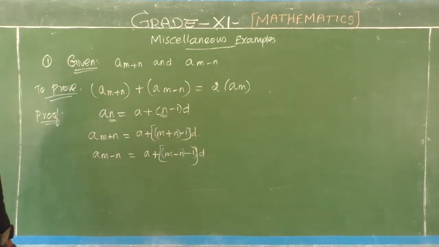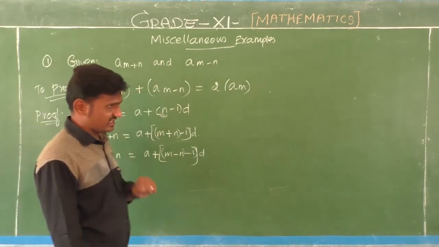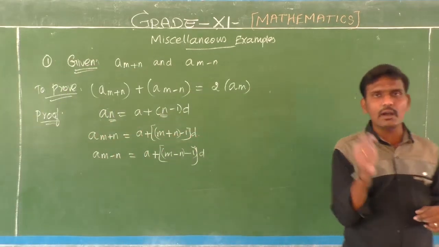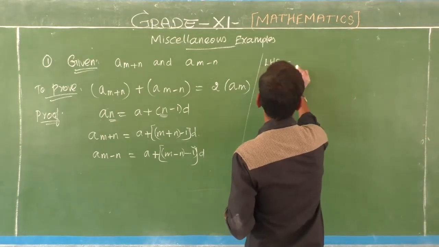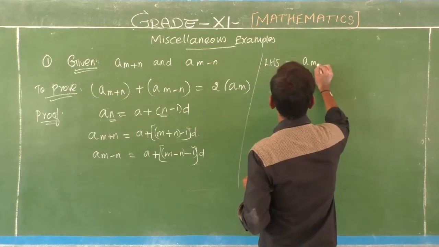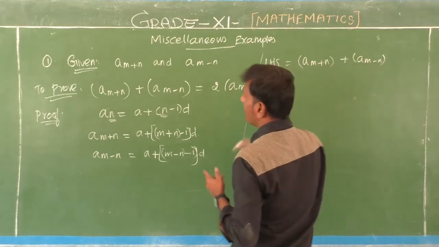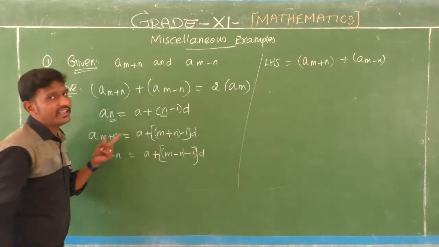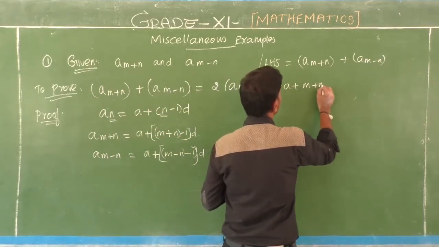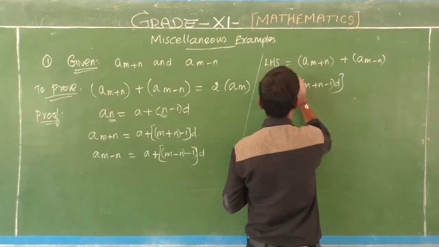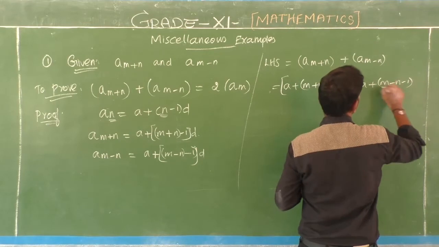Now we are going to prove that the sum of the m plus nth term and m minus nth term is equal to twice, that is double, the mth term. For that I am taking the left side. What do you have on the left side? A m plus n plus a m minus n. Now I am going to use these two formulas here: a plus m plus n minus 1 into d plus a plus m minus n minus 1 into d.